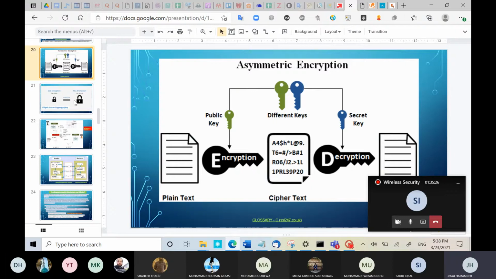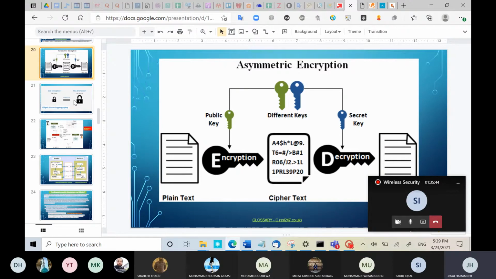The third type is hash encryption, where you have a one-way hash function that takes your message and encrypts it. In this case, you usually don't use any keys, and this is used to protect the integrity of your communication.